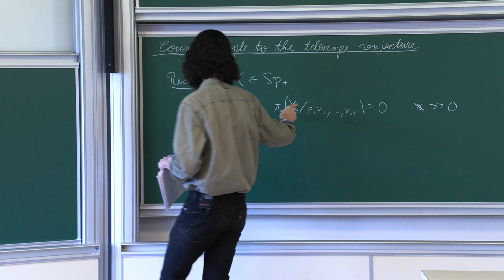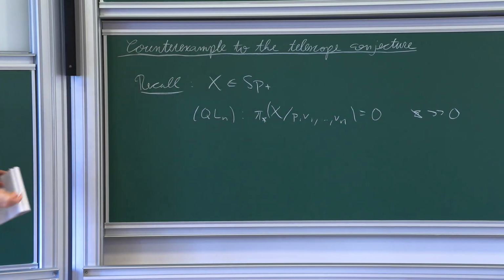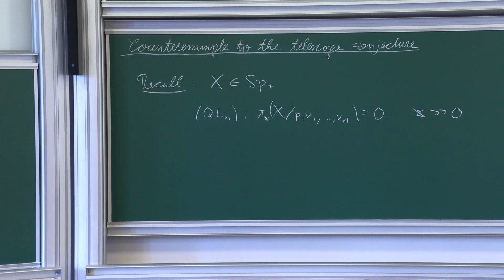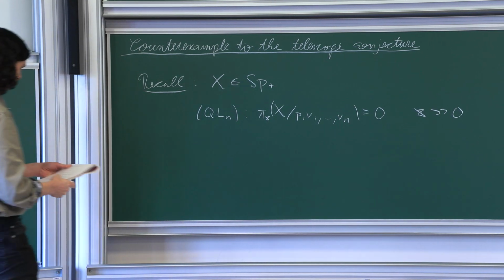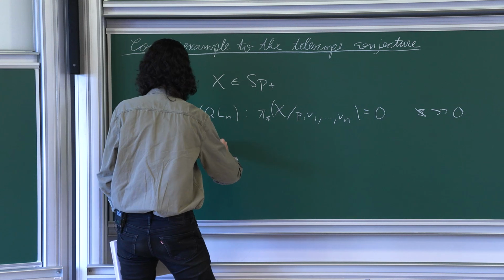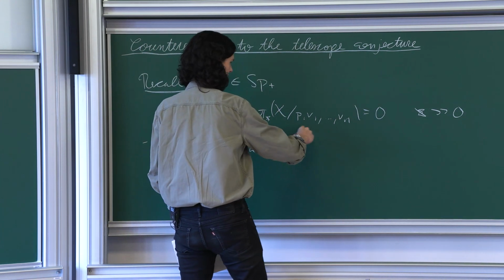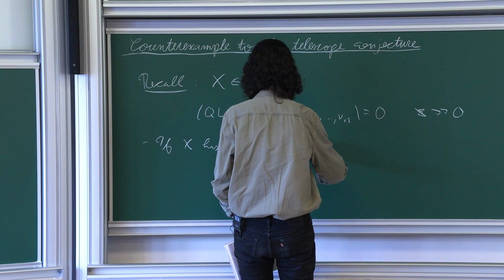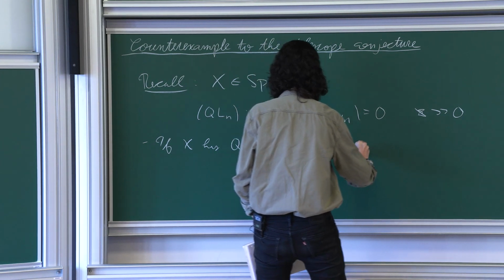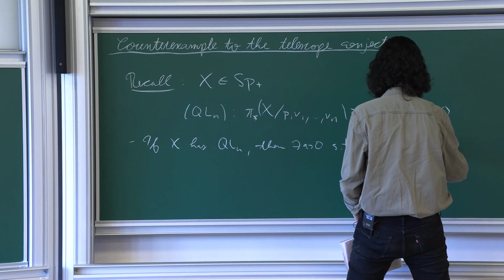So really, because of this as well, that means that the homotopy lives in some bounded range. And then the main property was that if x has QLN, then maybe up to changing the Vn self-map, raising it to a power, you can control the Vn periodic homotopy.